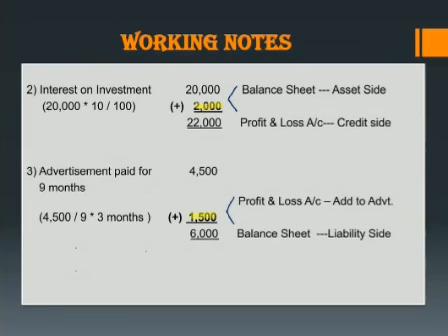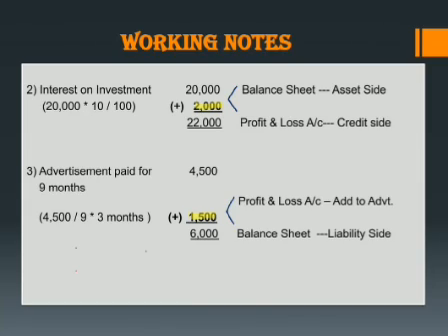Then go to the next, advertisement paid for 9 months. Students sometimes may get confused over here about how to calculate this. See, it is already given for 9 months. So 4,500 is divided by 9 into 3 months we have to calculate, then we get the 1,500.